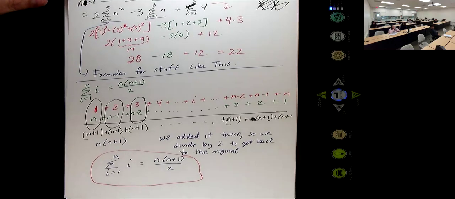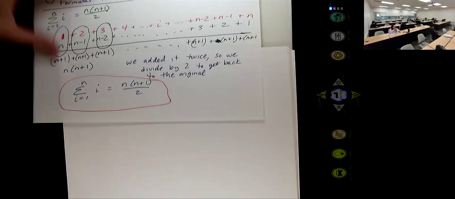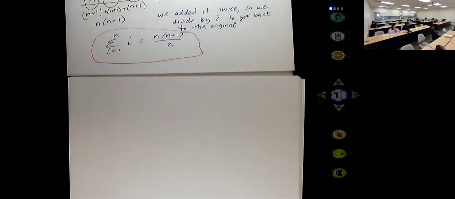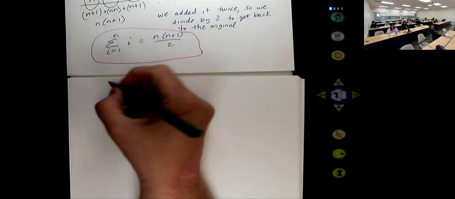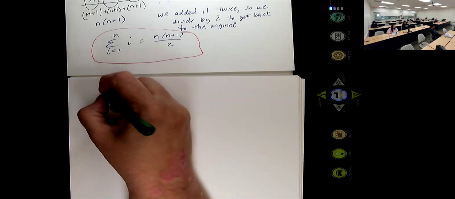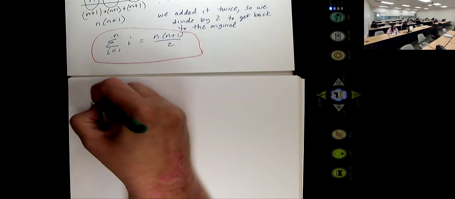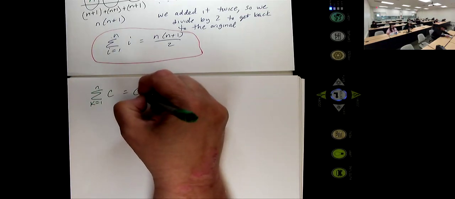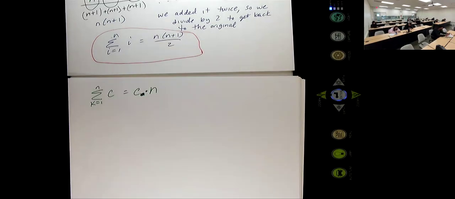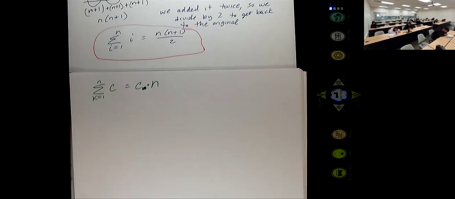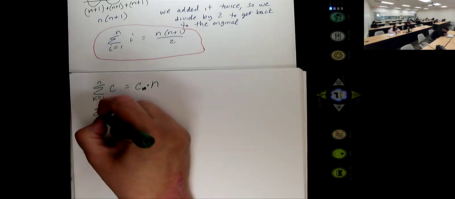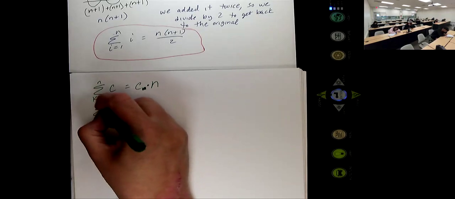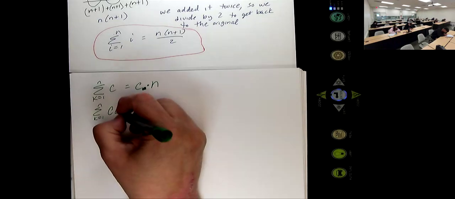Alright, there's a couple more, but I'm not gonna derive them, I'm just gonna make a list of the formulas we've had so far. We have had the sum from K equals 1 to N of C equals C times N. We did K equals 1 to N of C times A_K.